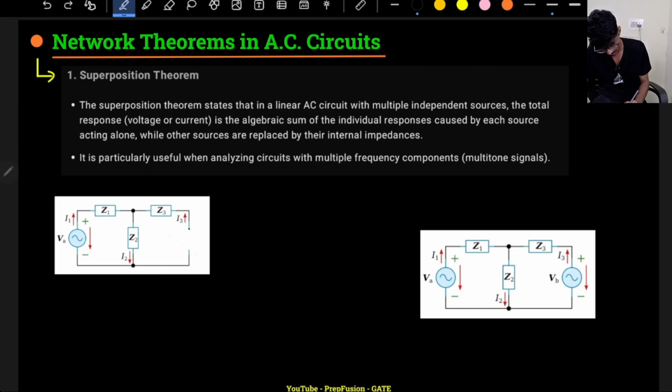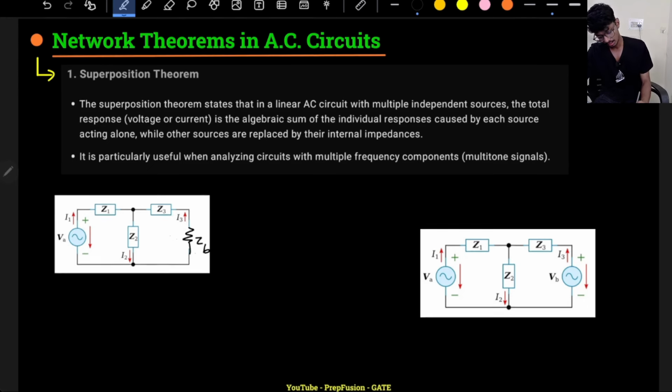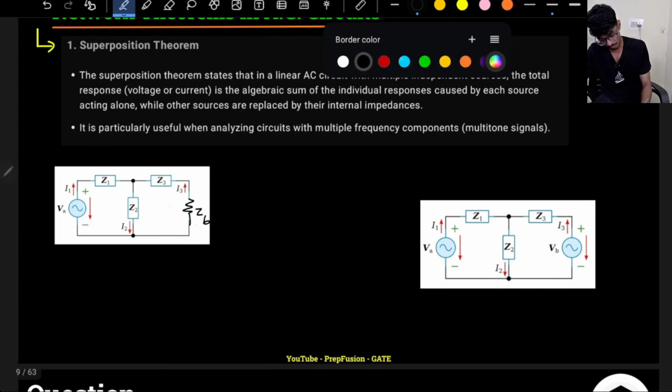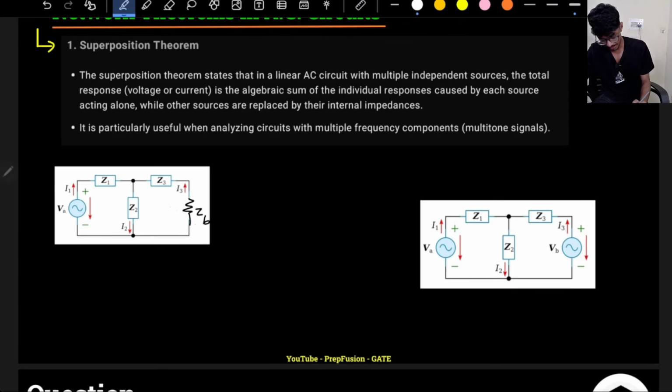Let's assume its internal impedance is ZB. I hope you know how to replace a voltage source with its internal impedance. Now if I find out the current, it will be this I2 dash. So I2 dash will be a function of only VA, due to the input VA.